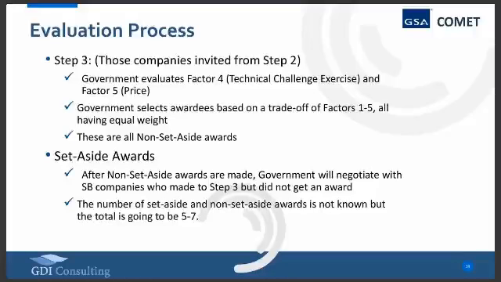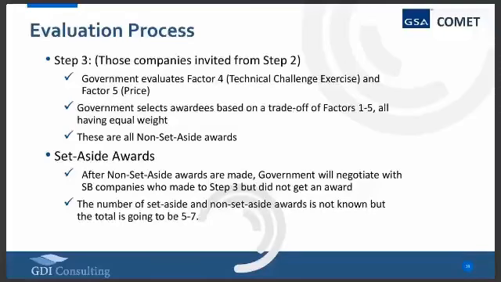And here again, on giving the awards to the companies, there's no consideration for small businesses. So they award to the best here. Now, after step 3, they'll see if there are any small businesses who've made it to step 3 but haven't been awarded.